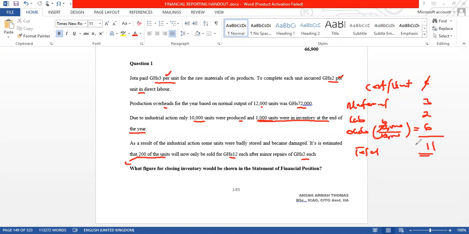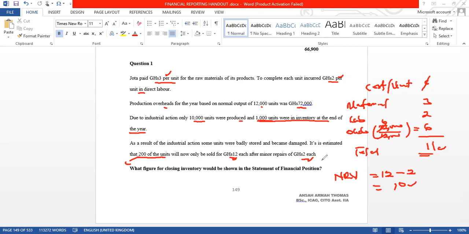Now this tells us the selling price of the asset and the minor repairs. So if we now want the net realizable value, we need to take the selling price and take off the minor repairs that we may be doing. So we have the cost, we have the net realizable value.